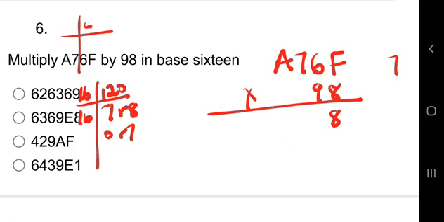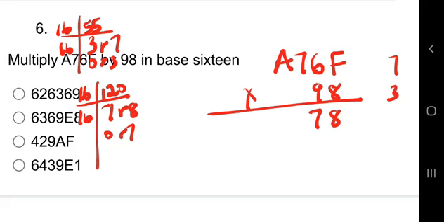55, let's do it here. So 55 convert to base 16. That is 3, remain 7. Then 16 here, 0, remain 3. So we write 7, we carry 3.